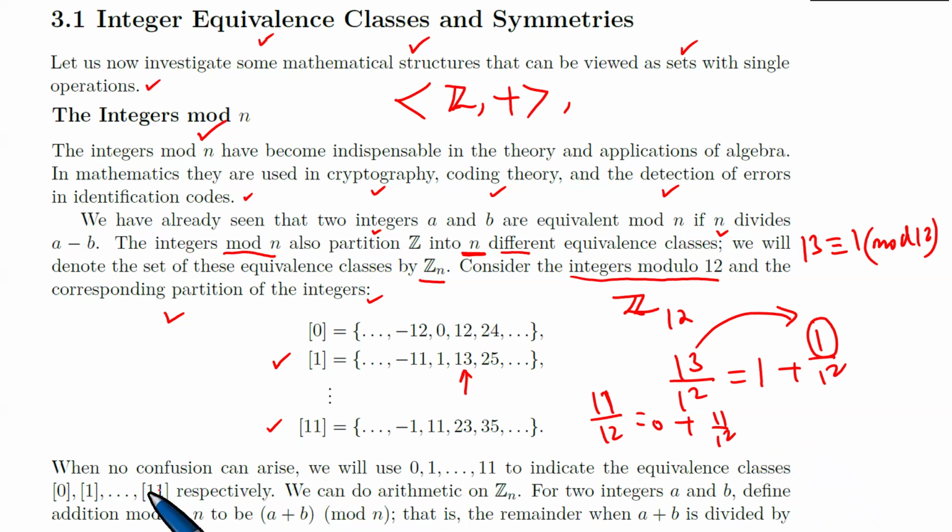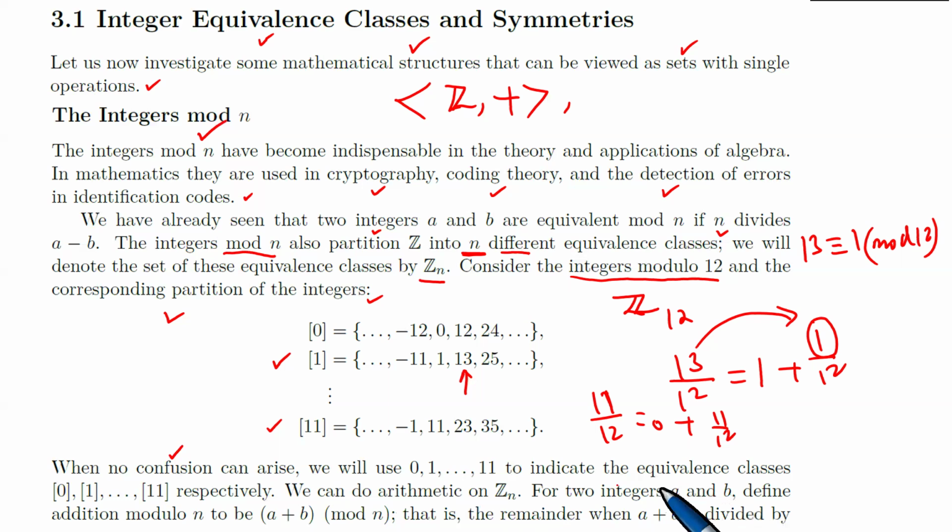When no confusion can arise, we'll use 0, 1, up to 11 to indicate the equivalence classes respectively. We can do arithmetic on Z subscript n.